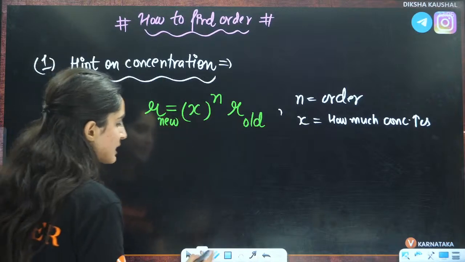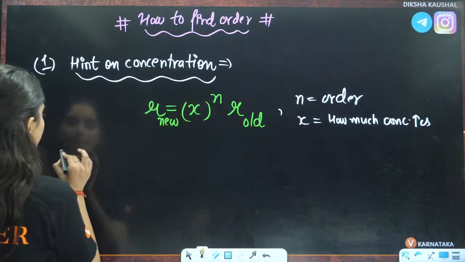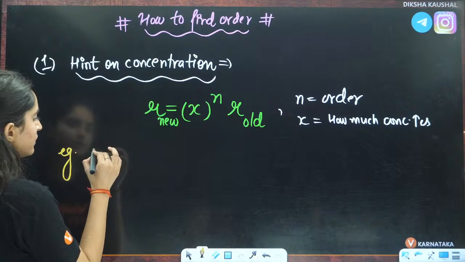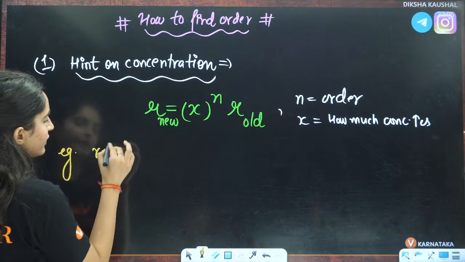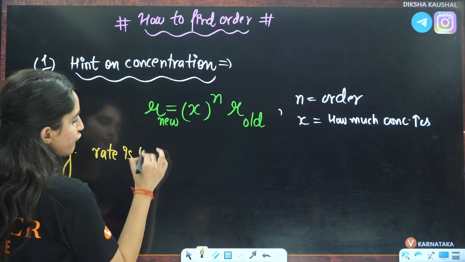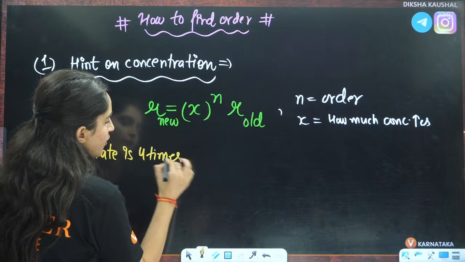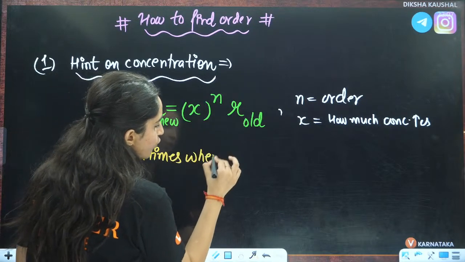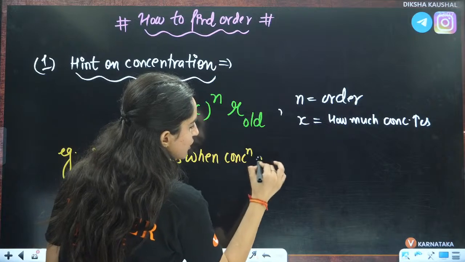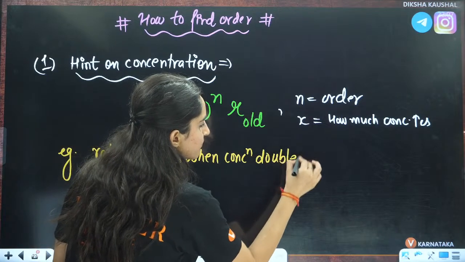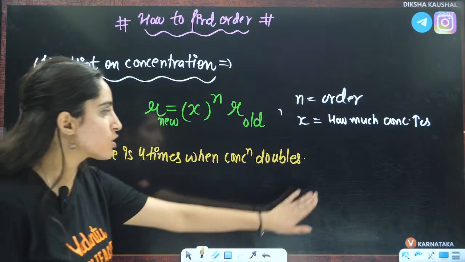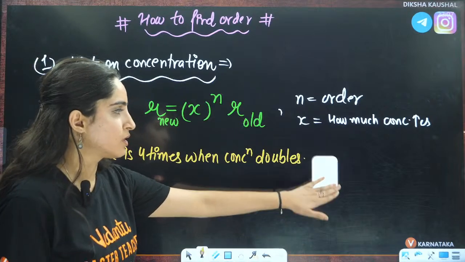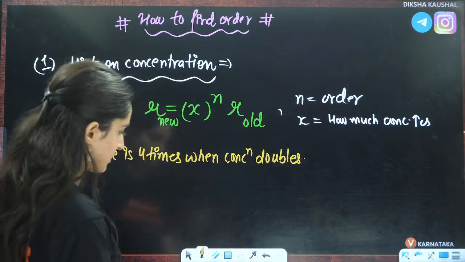So I am giving you one example. The rate is 4 times when the concentration doubles. They are asking what is the order of this reaction?